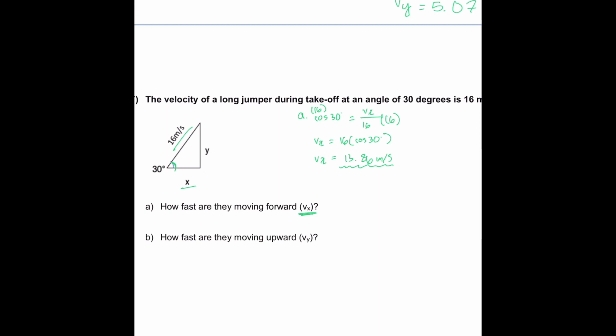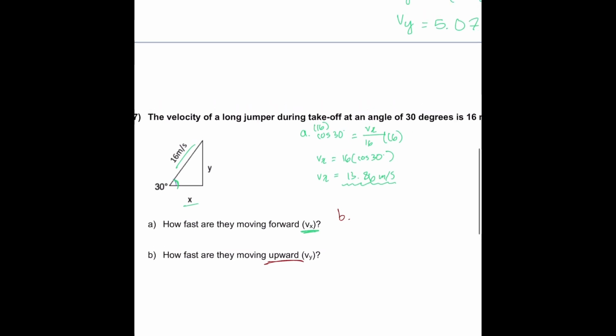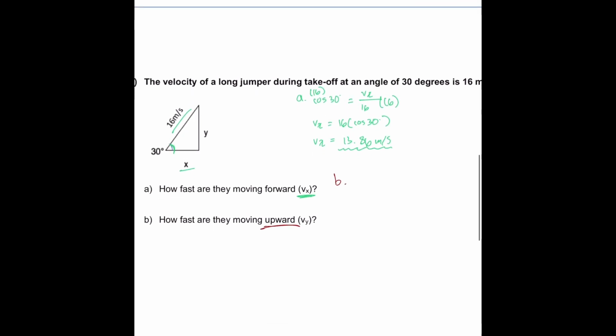Now question B is asking how fast are they moving upwards. So here, we are looking at the vertical component, so we would be looking for y. It is the exact same process. SOHCAHTOA, we are now looking at sine since it is opposite over hypotenuse.